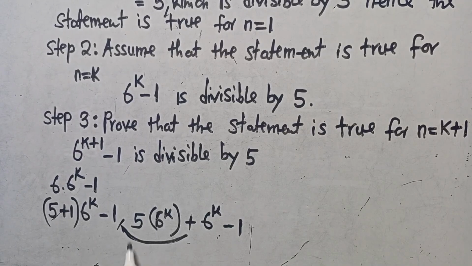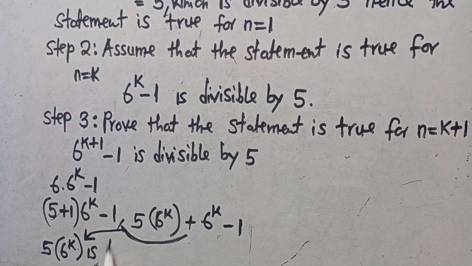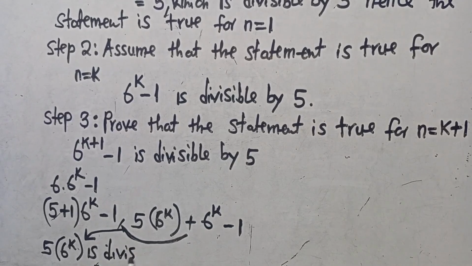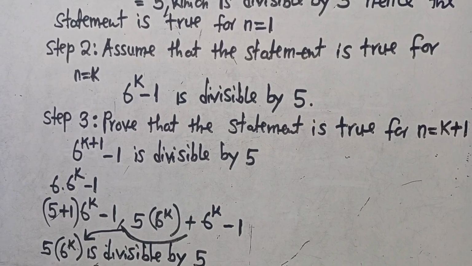So this part, that is the 5 times 6 to the power k, is divisible by 5. You are even able to see, I can divide by 5 there, I can find an answer. So this is divisible by 5, since it is a multiple of 5.